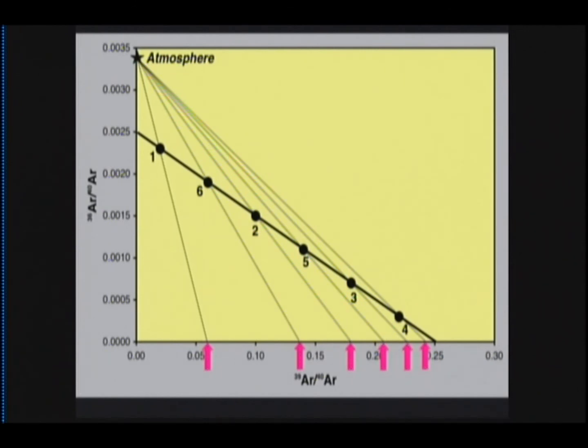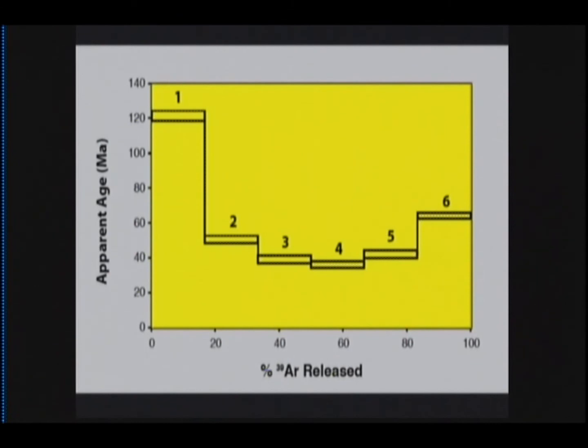So this would be the age that you would get for step 1 in the age spectrum, step 2 over here, step 3, step 4, and then it comes back, step 5, and step 6, which is just exactly what I showed.